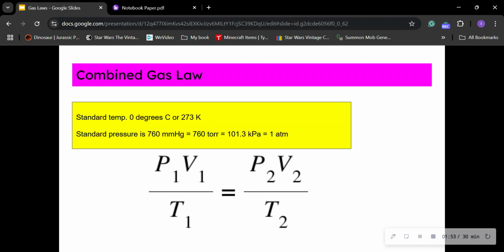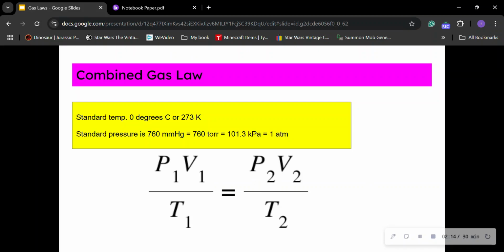You have to memorize all four of those, and of those only two, 1 atmosphere and 101.3 kilopascals, are on your reference tables. Another thing to note is this equation, it's on your reference tables too. Do not be afraid to use your reference tables.